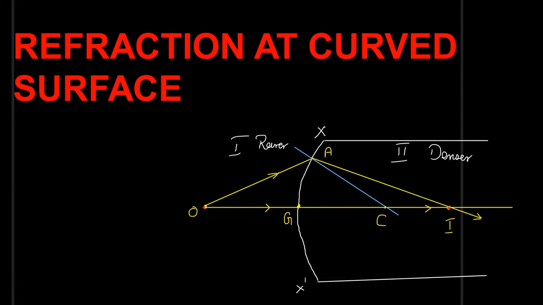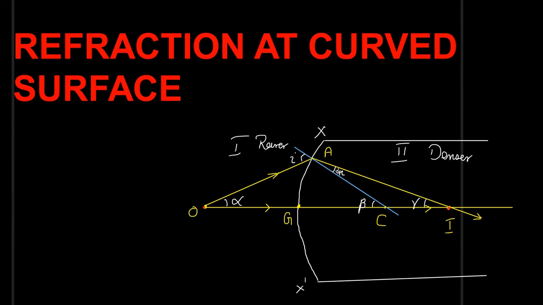What about the angle of incidence? It is the angle between incident ray and normal. Let us name it as I. The refracted angle is the angle between normal and refracted ray, represented by R. Let AOG be alpha, ACG be beta, AIG be gamma.